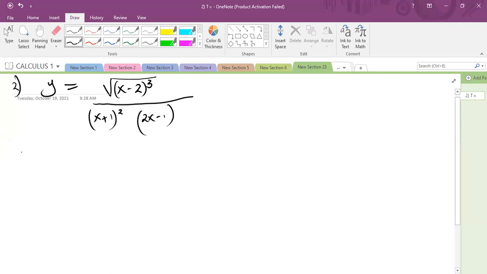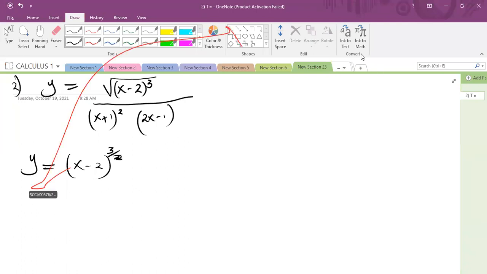So I want to write this in power form. This is the same as y is equal to (x - 2) raised to the power 3 over 2.